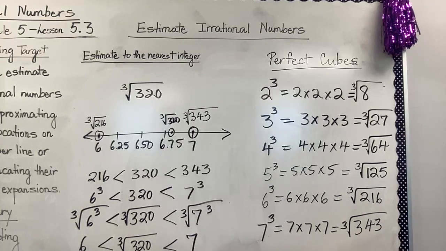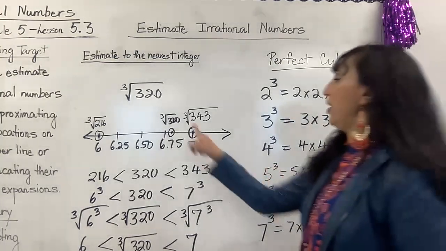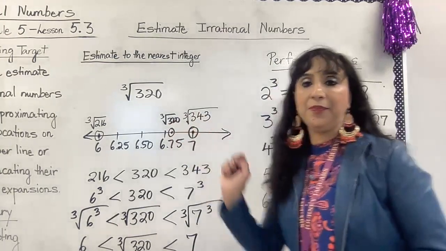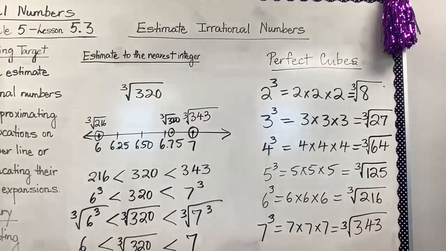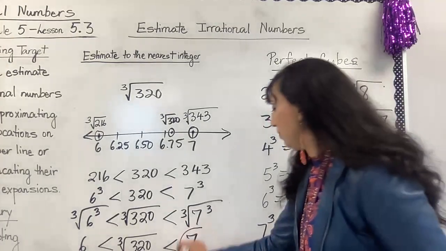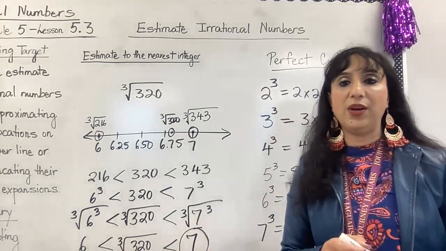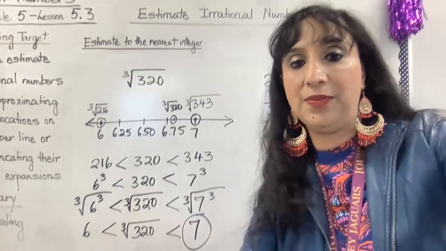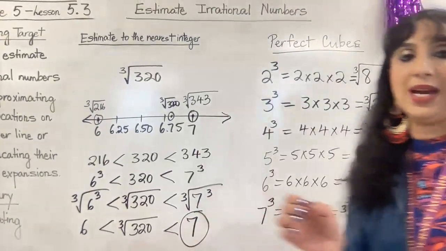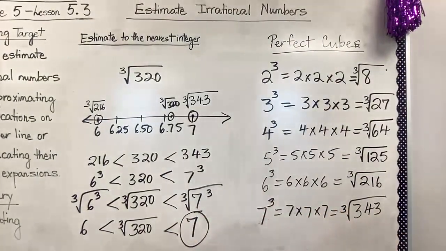Since 320 is closer to 343, the best integer estimate for the cube root of 320 is going to be 7. All right, so that's how we estimate to the nearest integer.